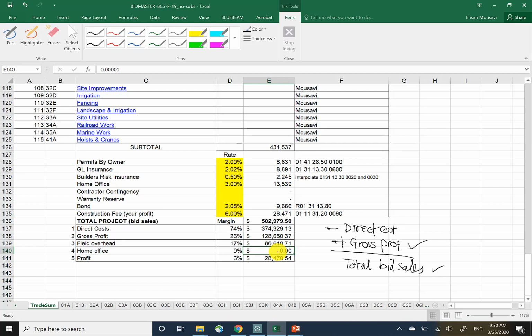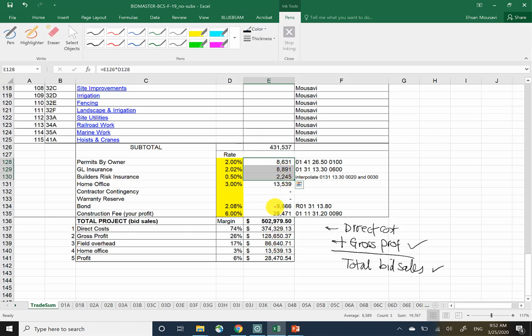Wouldn't you agree? So here I will have that much money for home office. Makes sense?